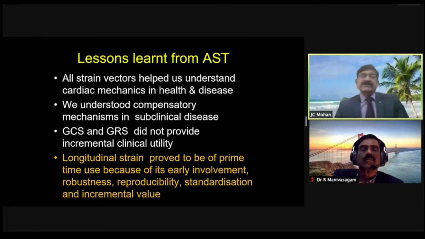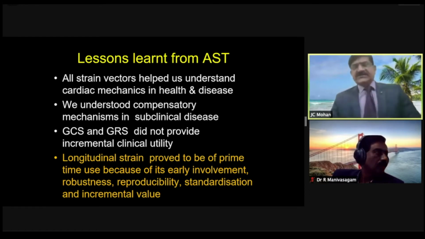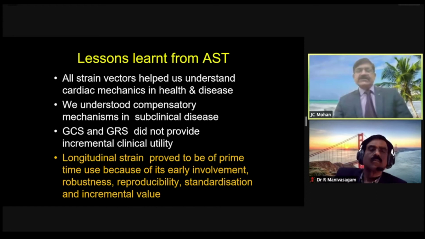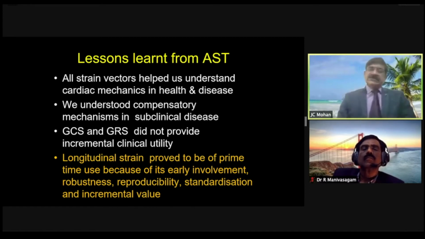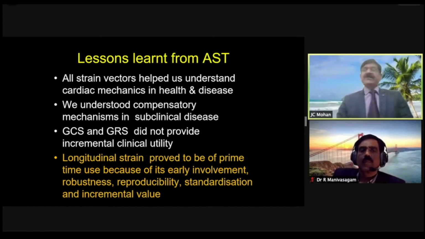We also realized that global circumferential strain and global radial strain did not provide incremental clinical utility. These helped us a lot in understanding cardiac physiology, but as far as clinical applications are concerned, circumferential and radial strains haven't provided any great incremental value. Longitudinal strain proved to be of prime time use because of its early involvement, robustness, reproducibility, standardization, and incremental value.